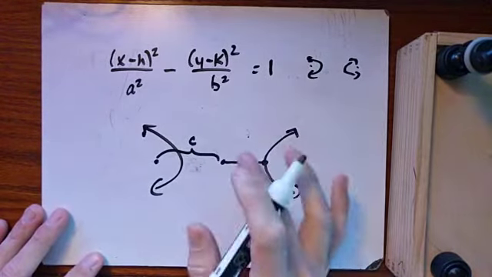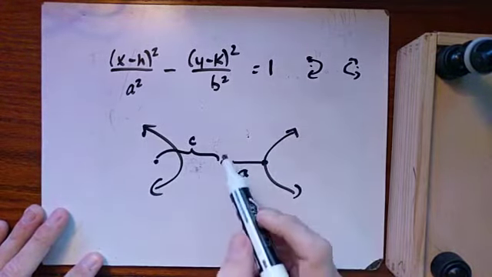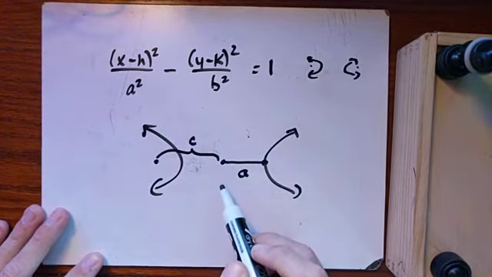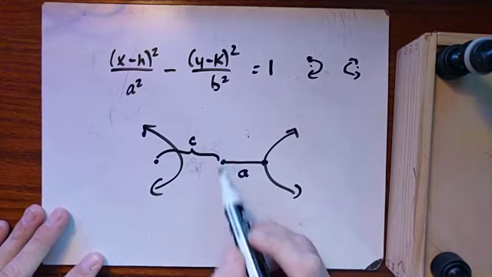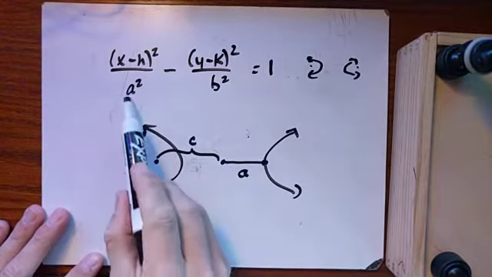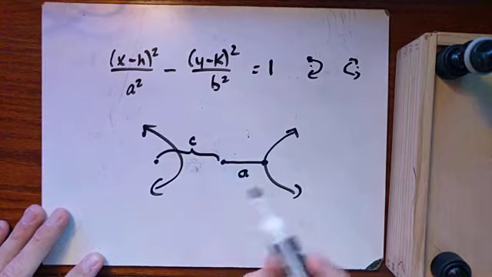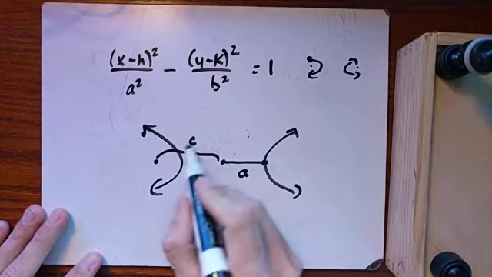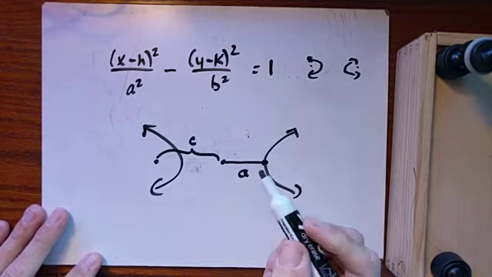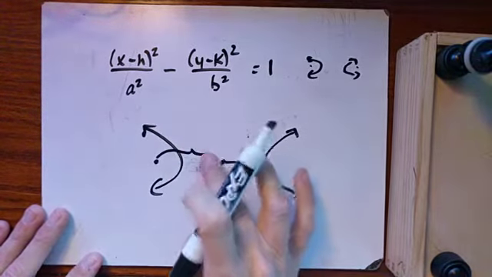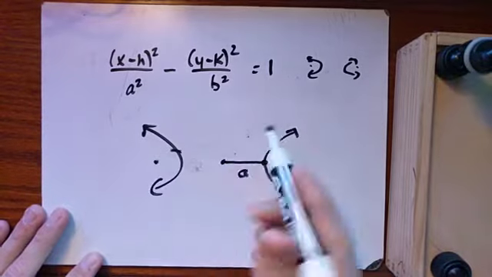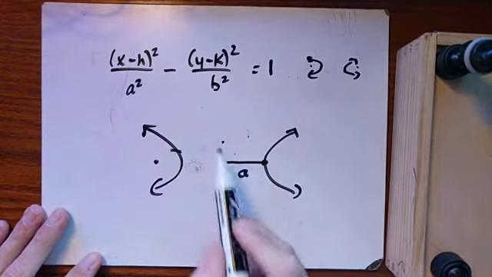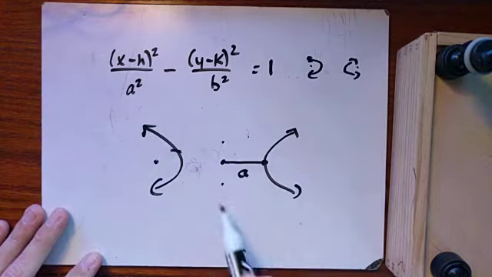Well, remember in the ellipse, the b is the part that you go up and down from, well, the smaller one is the one you go up and down. So assuming that a is bigger than b, you would go up and down b units, right? So your ellipse would fit between these two vertices. But with the hyperbola, if you go up and down b units, and again we're assuming a is bigger than b, but it doesn't matter, you can go up and down as far as you want.